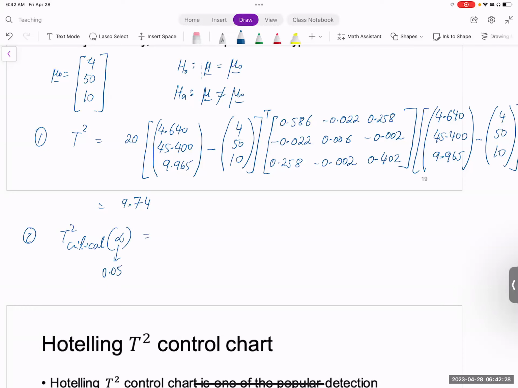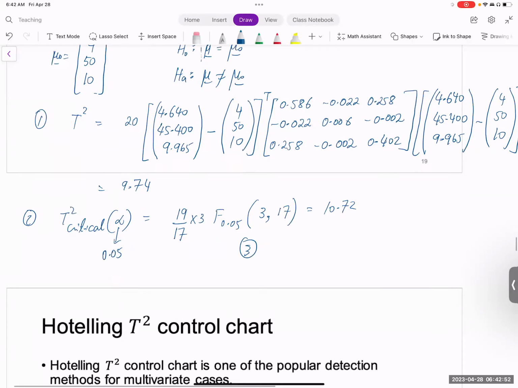With that value of alpha, your T square critical is 19 divided by 17 times 3, F of 0.05, where n is 20, p is 3, n minus p is 17, and this gives you 10.72.